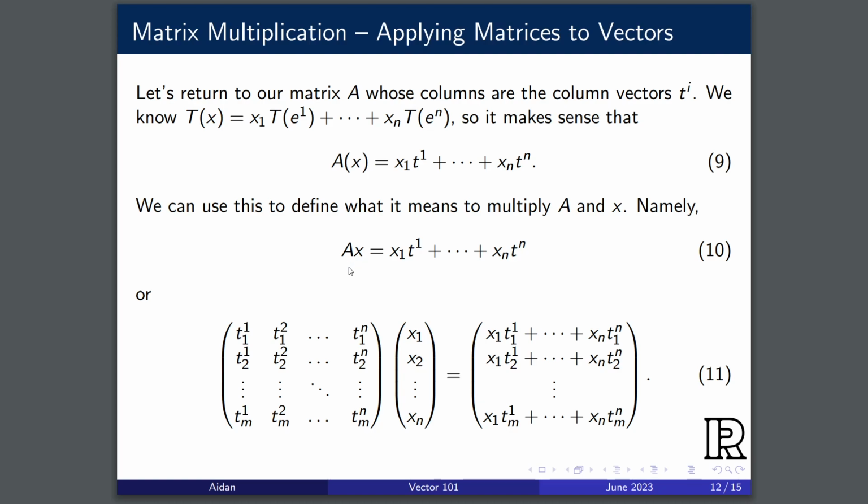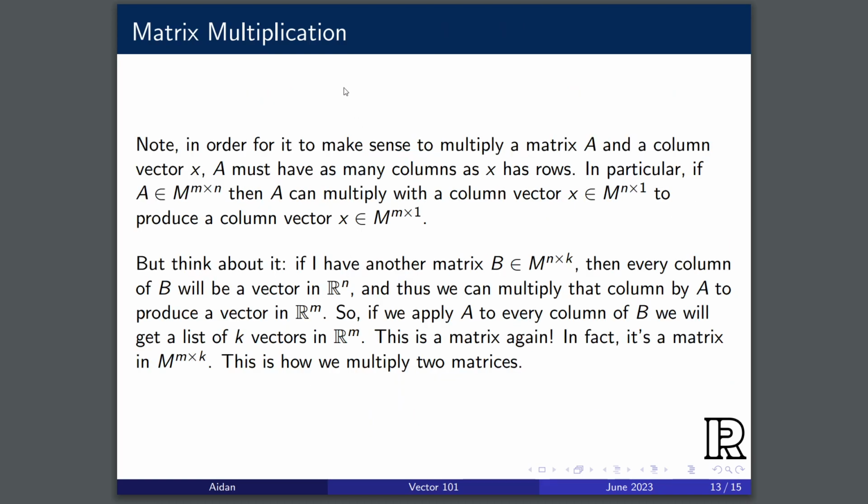All right. Now we've basically said we can multiply a matrix and a vector. So far we've been working with this same matrix A, which was defined by first taking a linear transformation, figuring out what the T(e_i)s were, and making those the columns of our matrix.